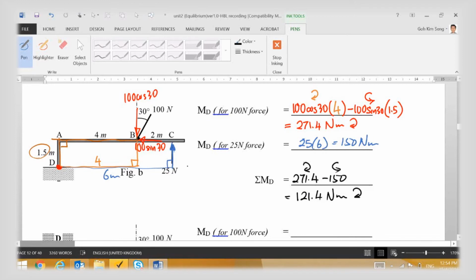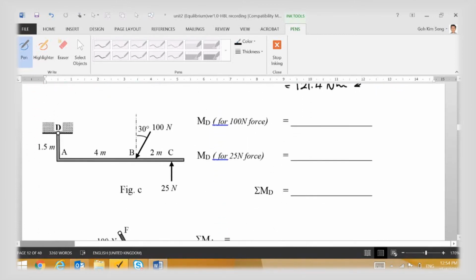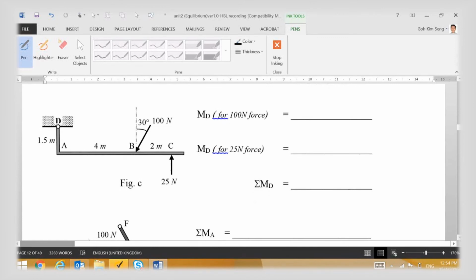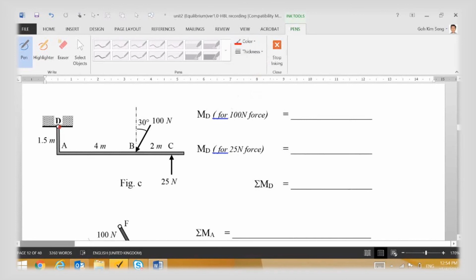Right, now let's move on to the next example, part C. Now the point that we are taking moments is above A, which is here. Like we have done before, resolve the forces: 100 cos 30 and 100 sin 30.